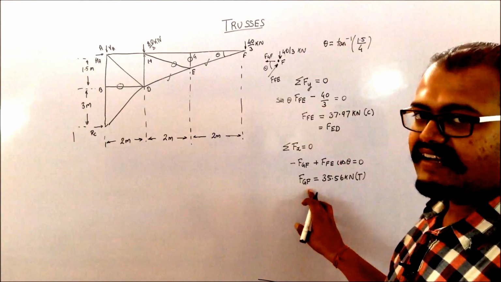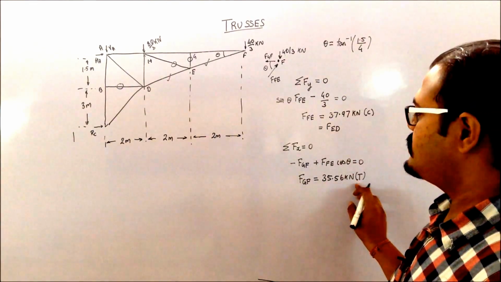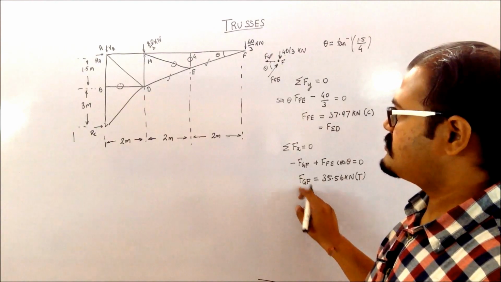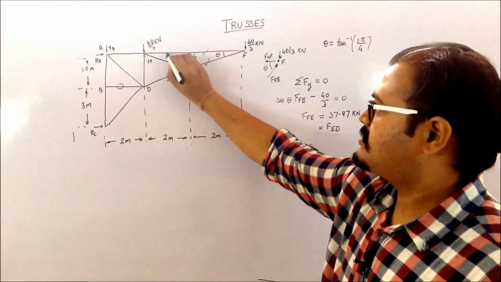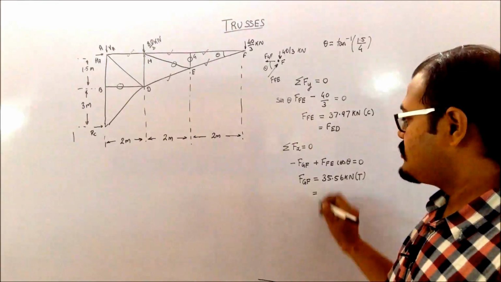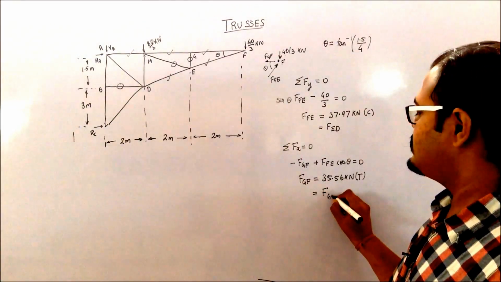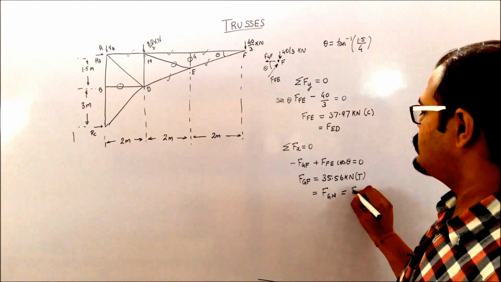So I will be getting the value of FGF, which is equal to 35.56 kilonewtons. This particular force was equal to this force and also the force in this member. So basically I am getting the value of my force in GH and also the force in AH.